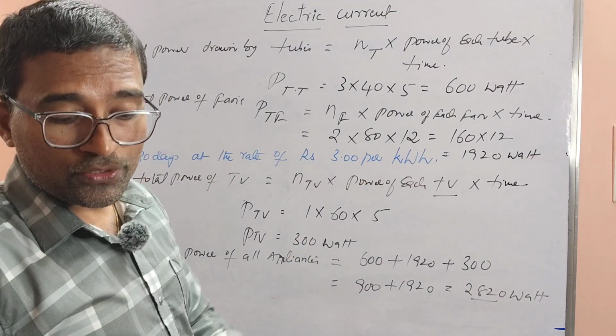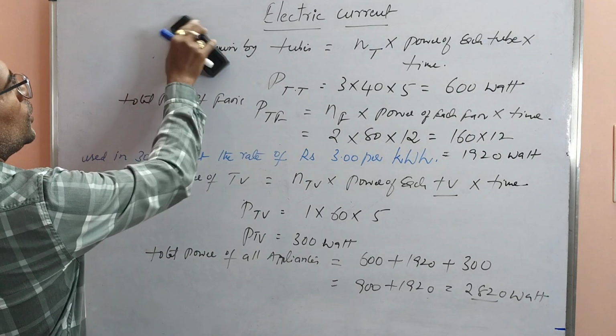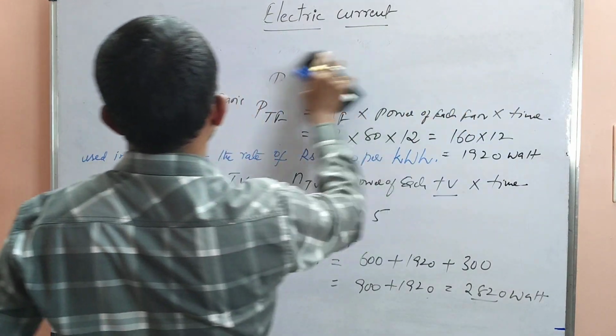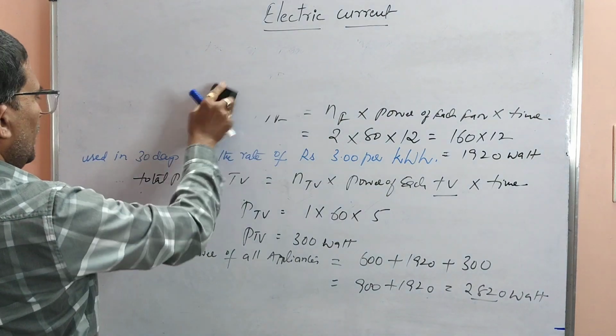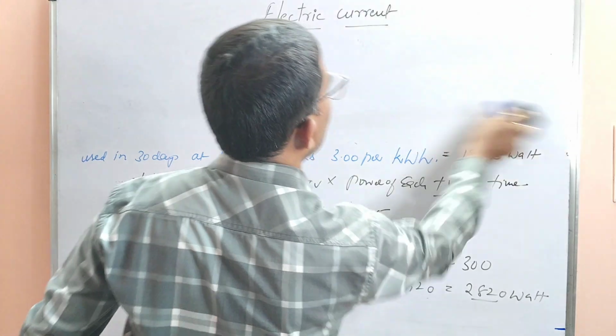Now we have to calculate total electrical energy consumed in kilowatt hours. First of all, we have to calculate total electrical energy in kilowatt hours for a month of 30 days.